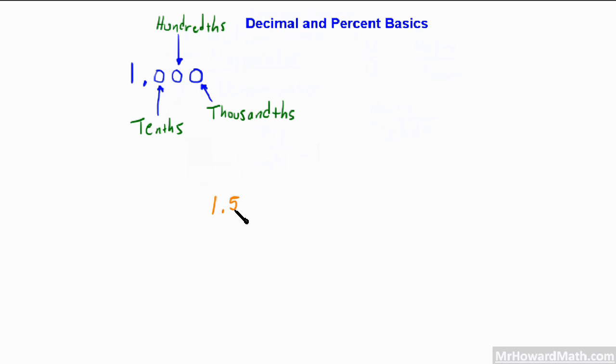Another example, let's say we had 1.67. Instead of saying 1.67, I would like you to start saying 1 and 67 hundredths.